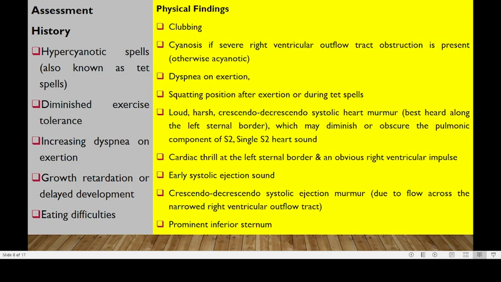So when you have the patient, we have to do an assessment, and we start with history taking. We look for any hypercyanotic spells, commonly referred to as TET spells, where in the middle of an exercise or an activity a patient could develop problems with breathing and start having bluish discoloration.